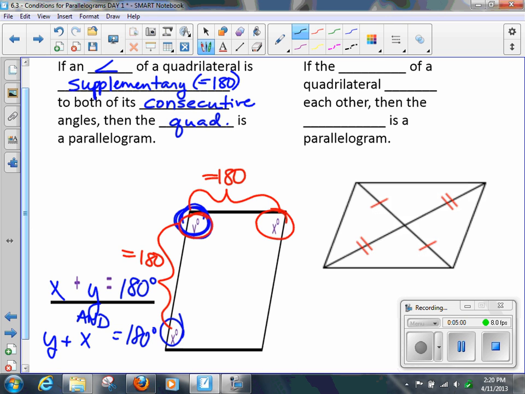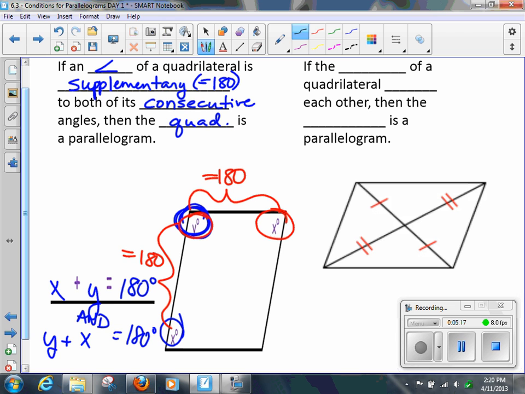Now, it says if the blank of a quadrilateral blank each other. If the what's of a quadrilateral. Look at the picture.